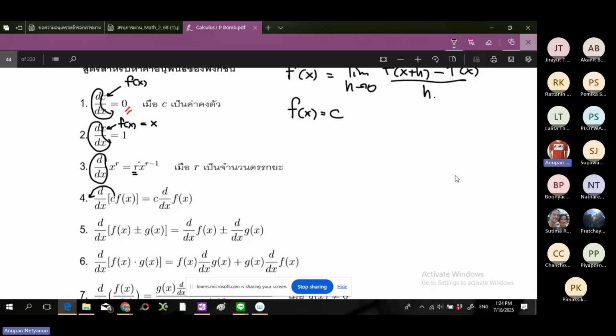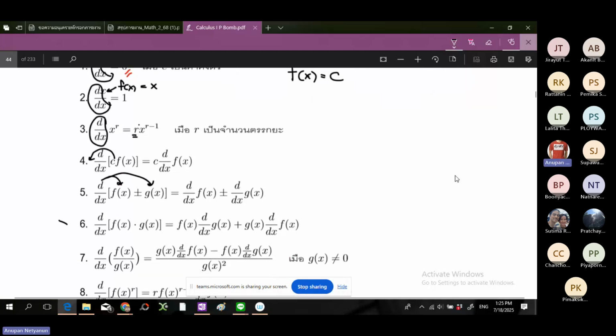So c can come out. And again, the derivative involves a limit: when you have two functions added or subtracted together, the limit can get inside. The derivative has a limit, so it has a similar property. The derivative can distribute to each function.